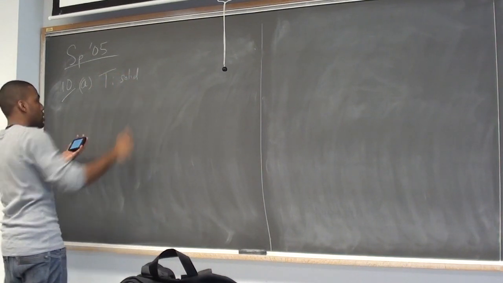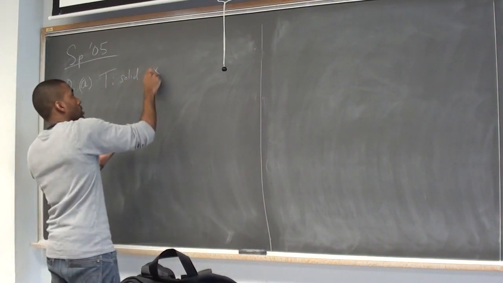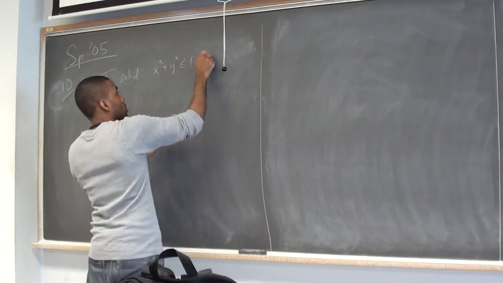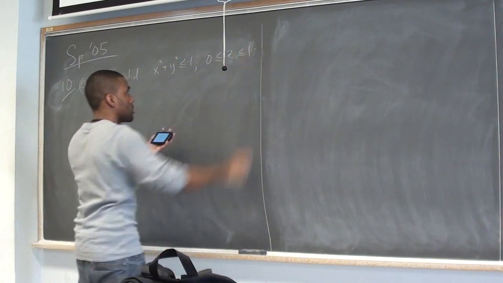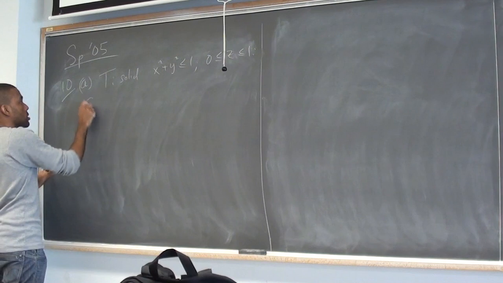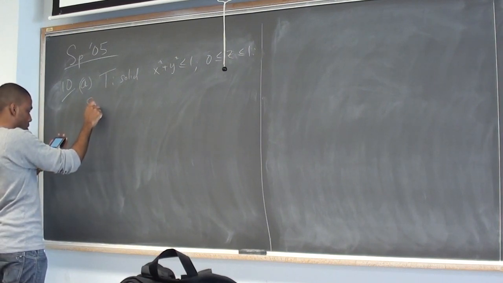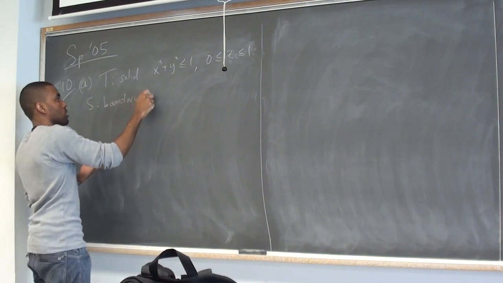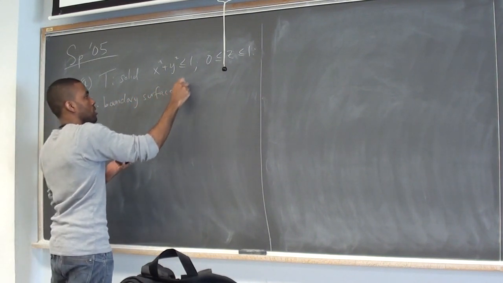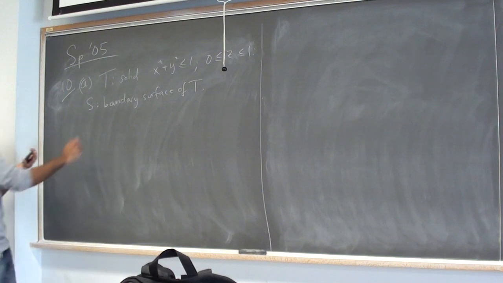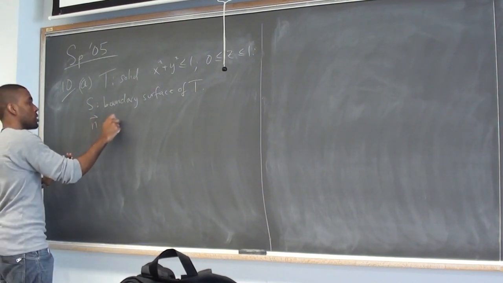So they say T is a solid, x squared plus y squared less than or equal to 1 for z between 0 and 1. So it's just a cylinder of height 1. This is the boundary surface of T. And so it includes all sides. The normals are outward pointing.